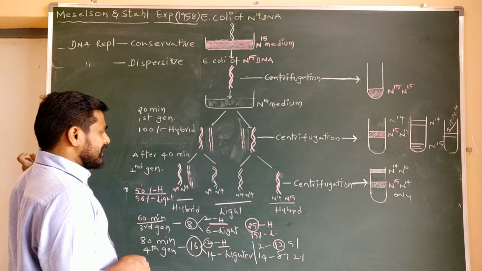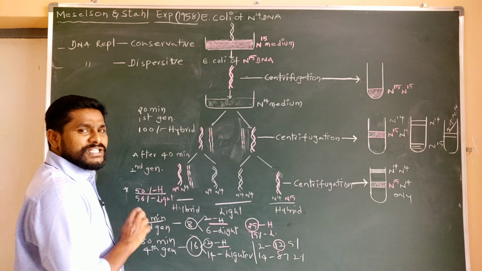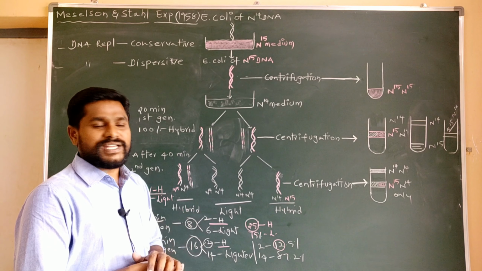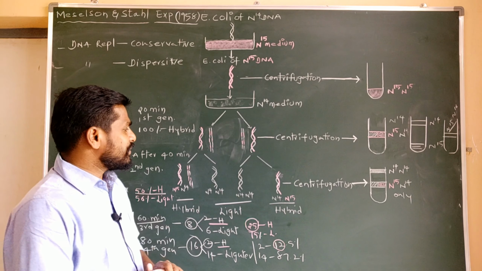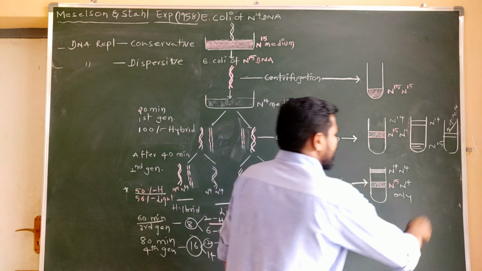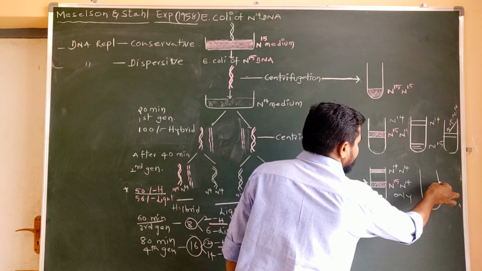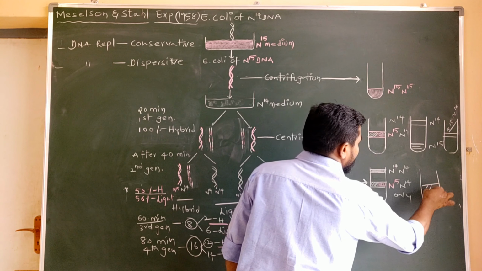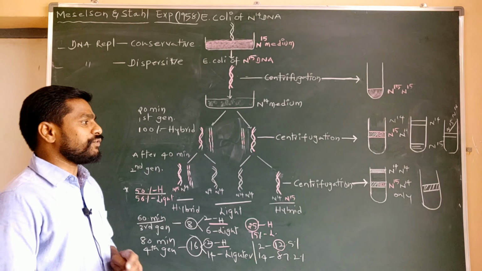After 40 minutes in the second generation, here also they got only patches of N15 and N14 DNA in all 4 E. coli cells of the second generation. So the result of centrifugation here is the same as the first generation. Here also they got only a middle band representing hybrid DNA of N15 and N14.